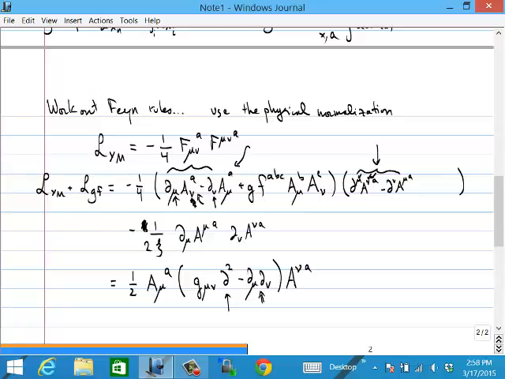And similarly, you also get a kinetic term from the gauge fixing term, which, if we integrate it by parts, looks like this. Sorry, I guess I didn't contract my indices very well. Okay, that should be an upper mu index. Let's just be careful about our Lorentz indices.